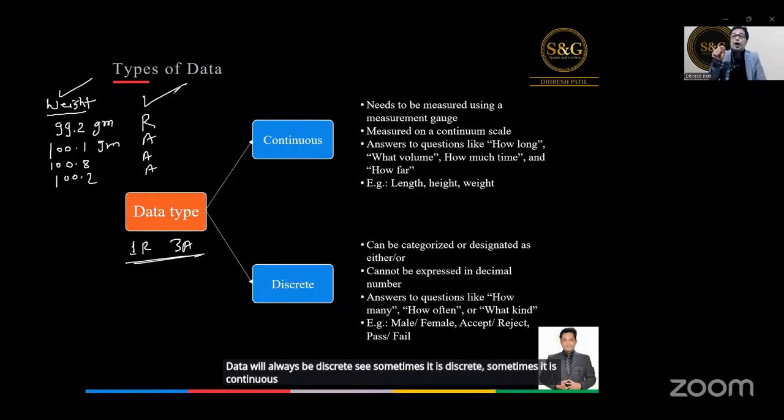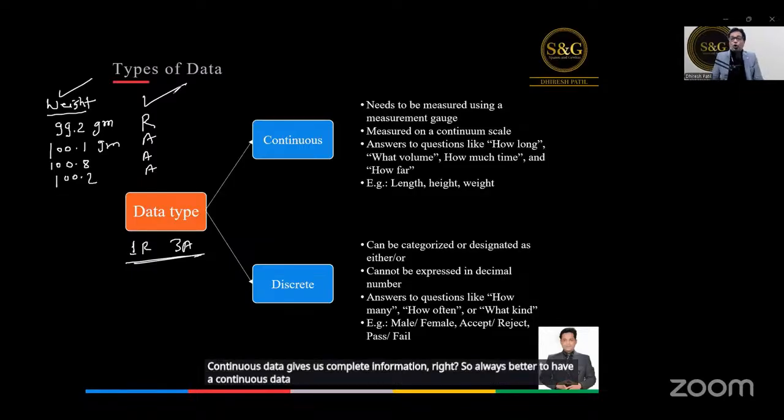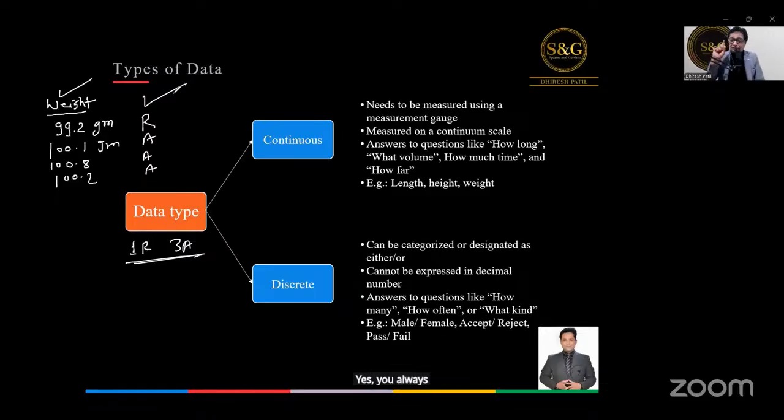So which type of data collection do you have? I gave the same example. Some companies will store the data of weights. Some companies will store only data of accept and reject. Accept and reject gives us very limited information. Continuous data gives us complete information, right? So you always prefer continuous over discrete.